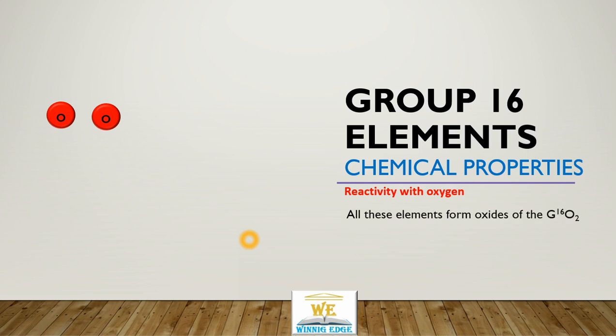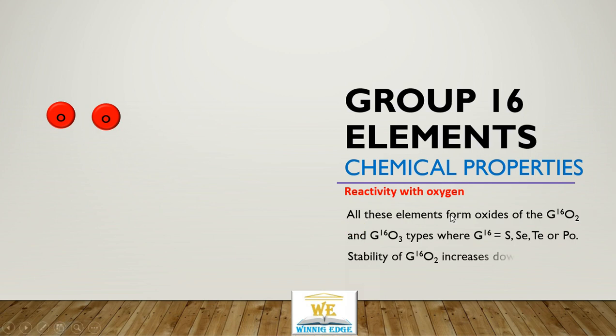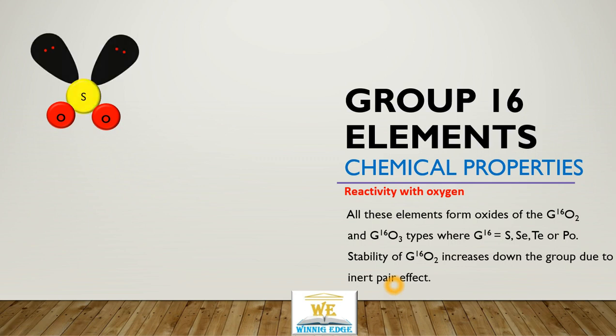Now further, all these elements react with oxygen, which is also an element of group 16, to make oxides. We have sulfur oxide, selenium oxide, tellurium oxide, and polonium oxides. And the stability of dioxides increases down the group due to the inert pair effect we just discussed previously. Here we have sulfur dioxide.